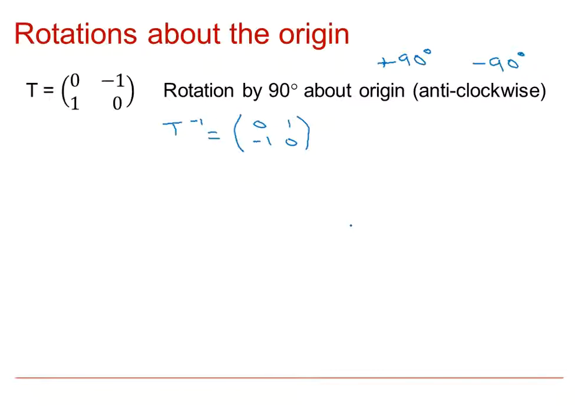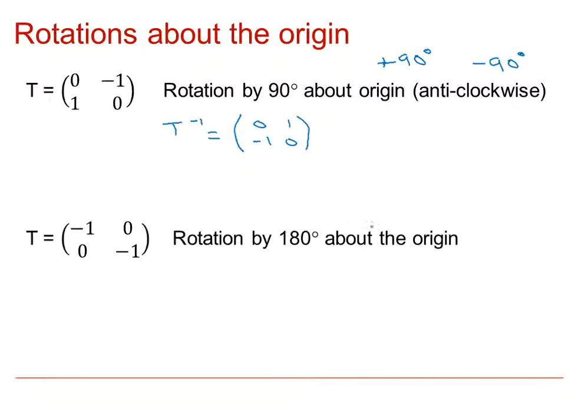Now here we have a matrix which is representing a 180 degree rotation about the origin. So the inverse matrix, the matrix that will do the opposite of that, needs to be another 180 degree rotation about the origin. So the inverse matrix would again be -1, 0, 0, -1.